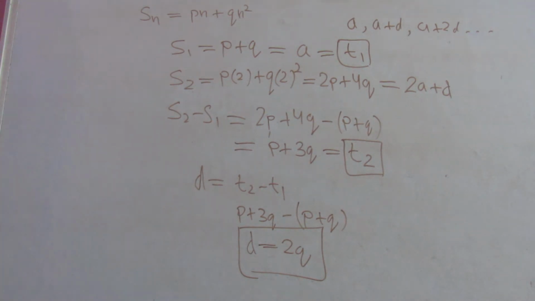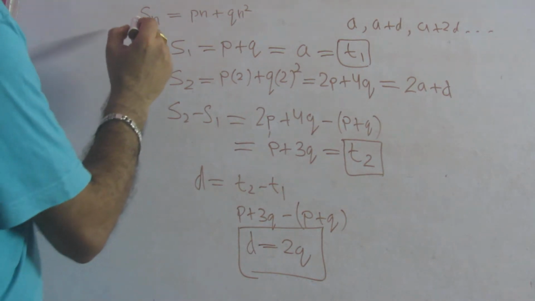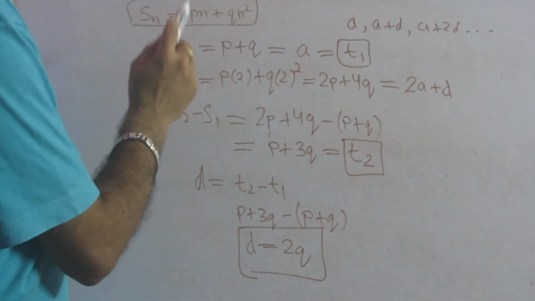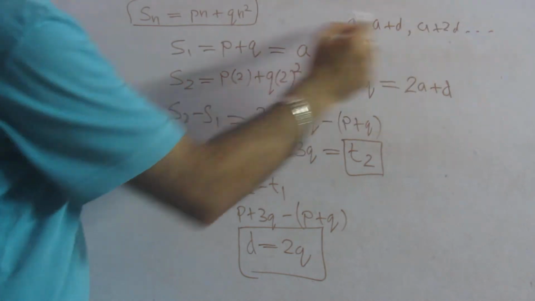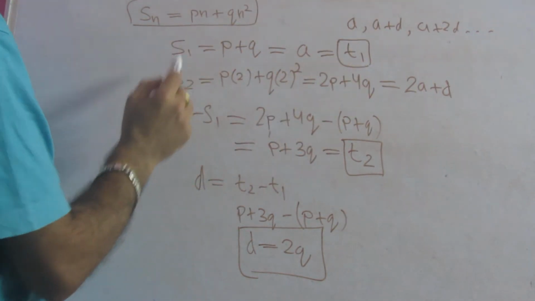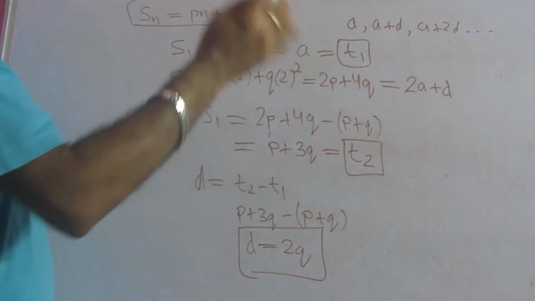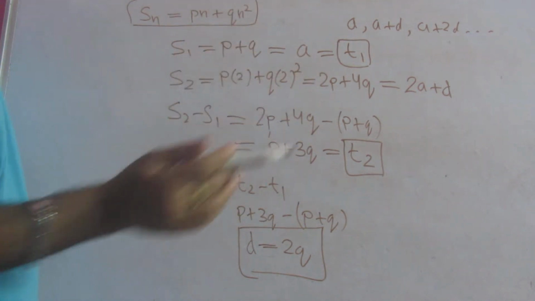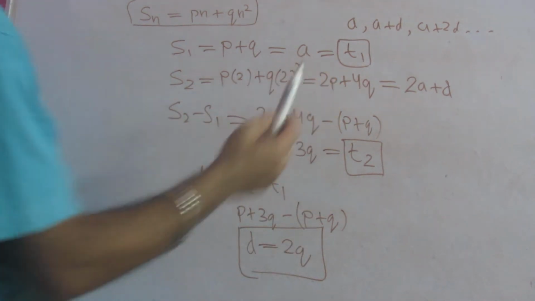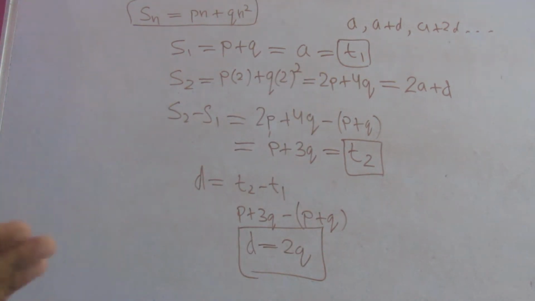We will do one more question like this, but whenever we get a question wherein the sum of n terms is given, we have to use the knowledge of AP and what it means when we say S1, S2, and how this helps us to find the common difference. In fact, once we know the common difference and A, we can find any term if they ask.